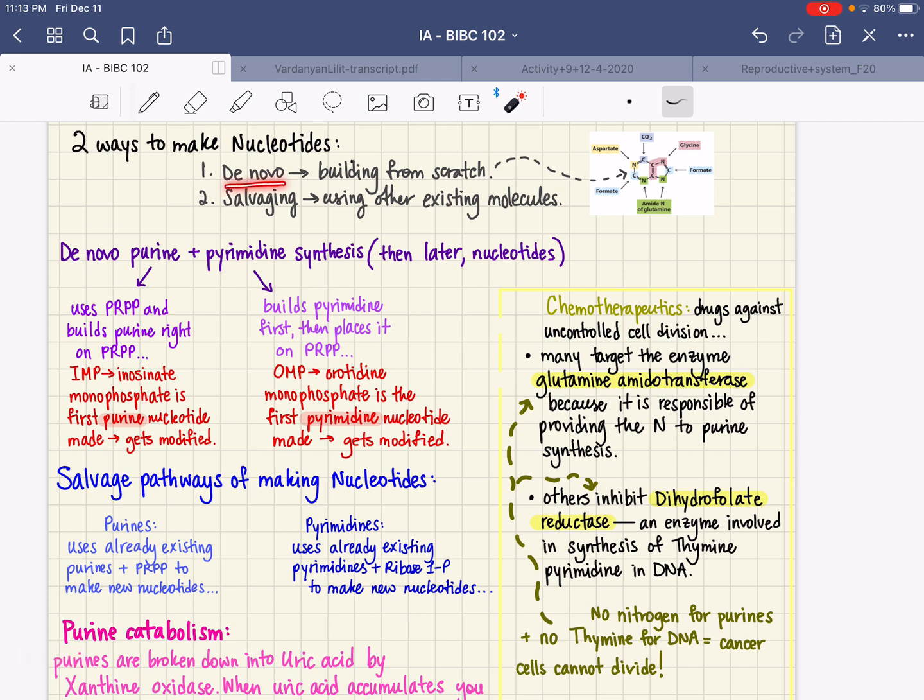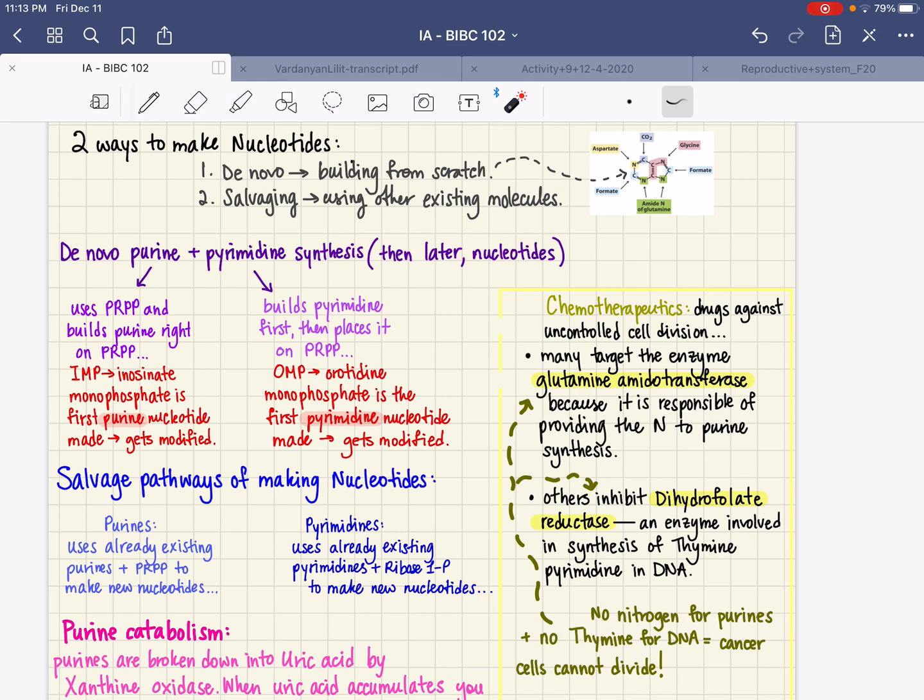So the de novo pathway is when we build nucleotides from scratch, and the second way of making nucleotides is the salvaging pathway. And salvaging, as we already know what the word means, right? It's to get something else and to modify it into turning it into something new. It's exactly what happens. We use other existing molecules, other nucleotides, and we modify them into the one that we need.